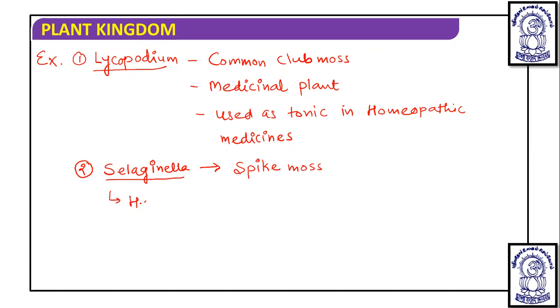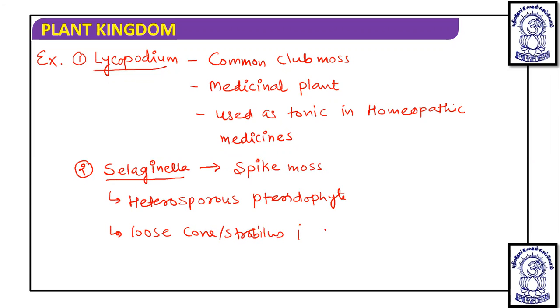Selaginella is a heterosporous pteridophyte, as we have discussed. In this, a loose cone or strobilus is present, and it is a microphyllous pteridophyte, so they have small sized leaves, that is microphylls.